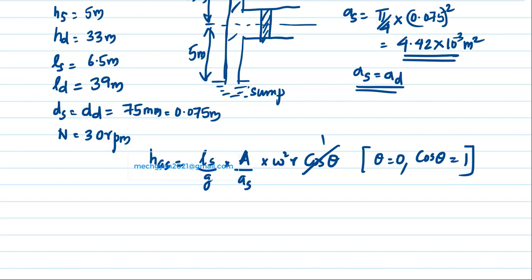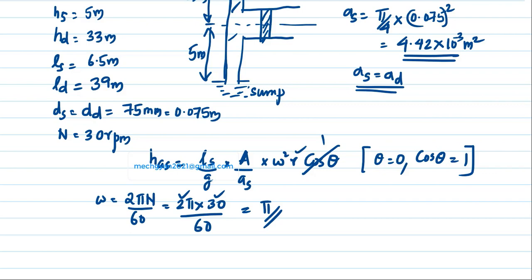So we have to find out what is omega. Omega is equal to 2 pi n by 60, since rpm n is given. That is 2 pi into 30 by 60. 30 into 2 is 60, by 60 will get cancelled, we will get pi. Now we have to find out what is r.